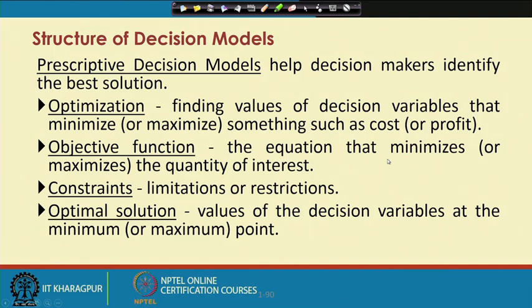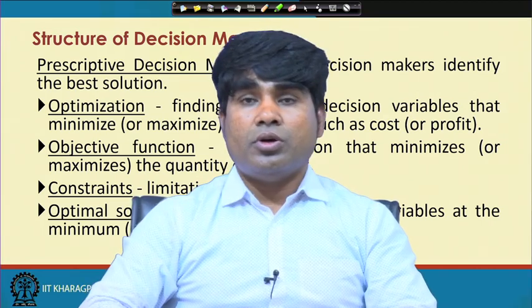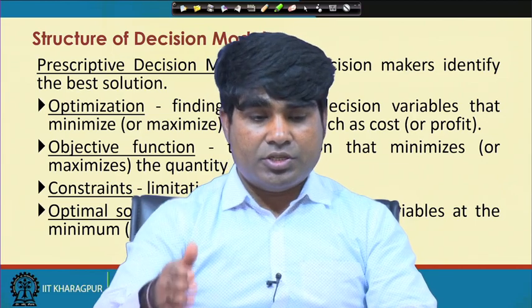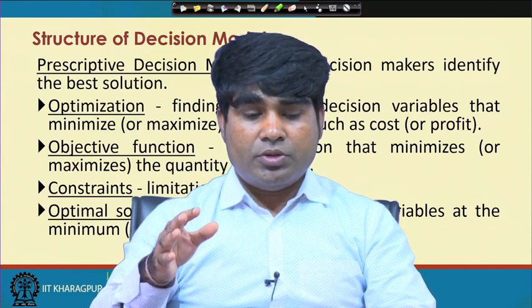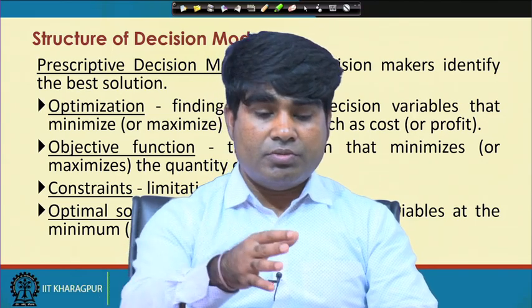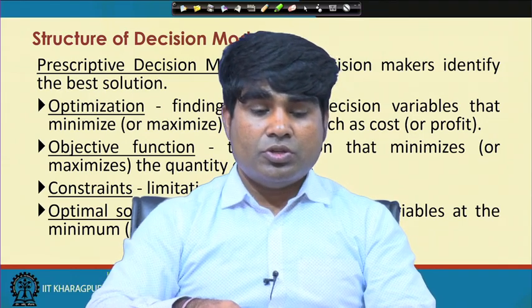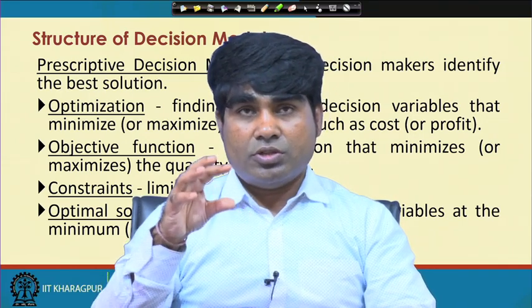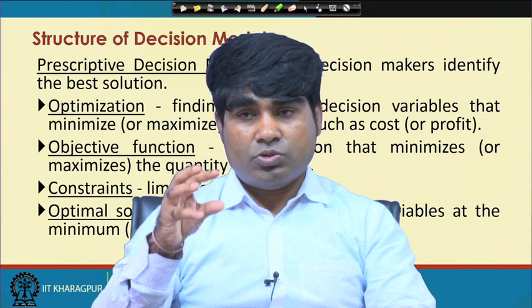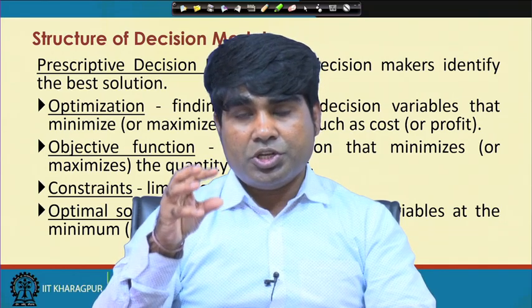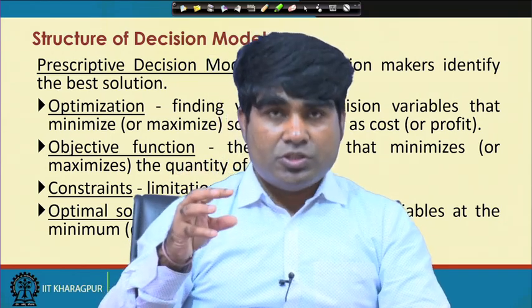The structure of decision models is like this. We have already highlighted this particular structure, mostly for prescriptive analytics in business decision models. It is nothing but an optimization structure, where we are mostly keen on the values of the decision variable.